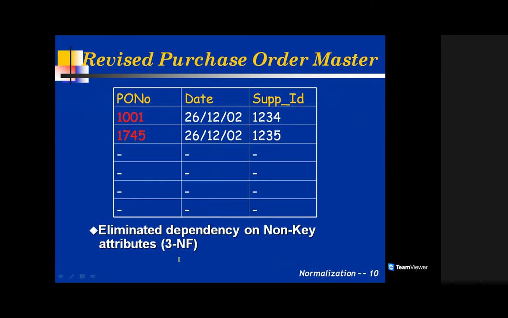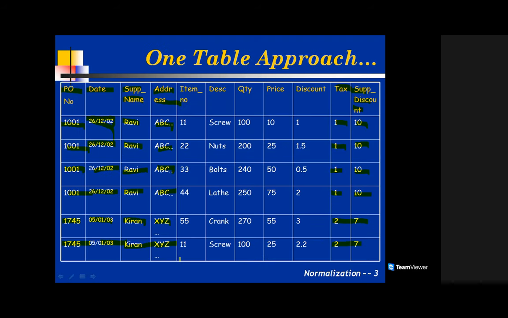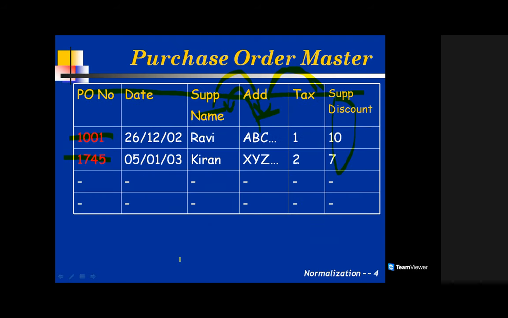We have another table, revised purchase order master. Okay, in that you will have the remaining fields, PO number, date. So if you go back, what are the remaining fields here? You have taken these three out, and for this we have created a separate table. Forget about this. We have PO number and date. These need to be with the last table.